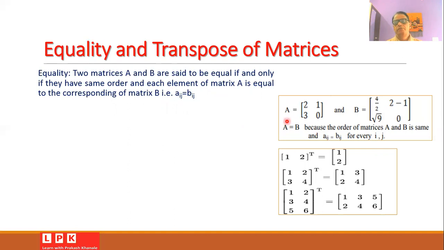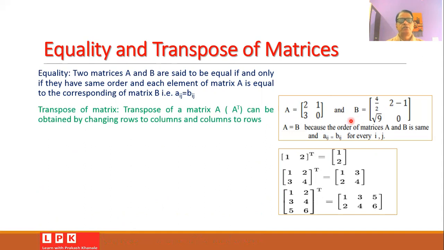For example, if A is equal to 2 1 3 0 and B is equal to 4 by 2, 2 minus 1 under root 9 0, then one can easily observe that these two matrices are equal because the number of rows and number of columns are the same, that is, their order is the same, and also each element is the same.